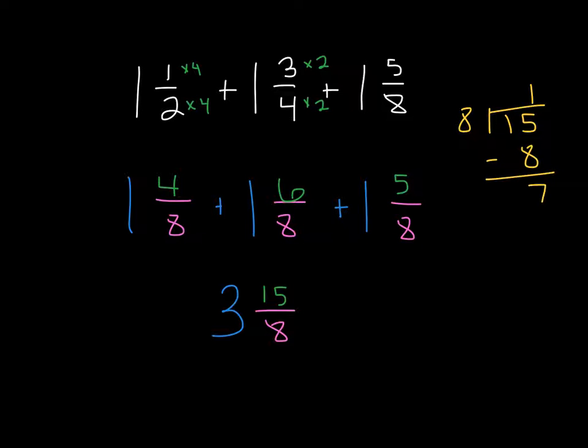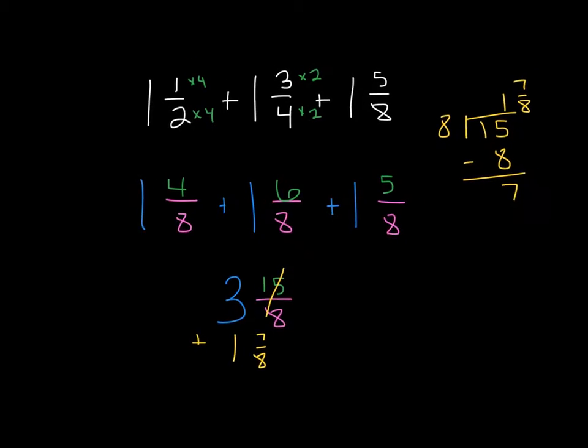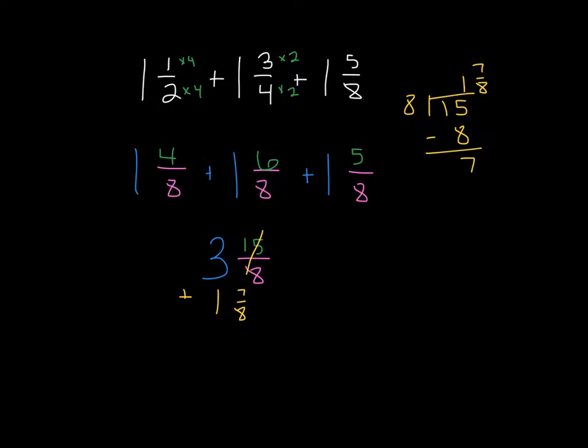You have a remainder of 7. So we take that off and we add 1 and 7 over 8 in its place. And that gives me 4 and 7 over 8.